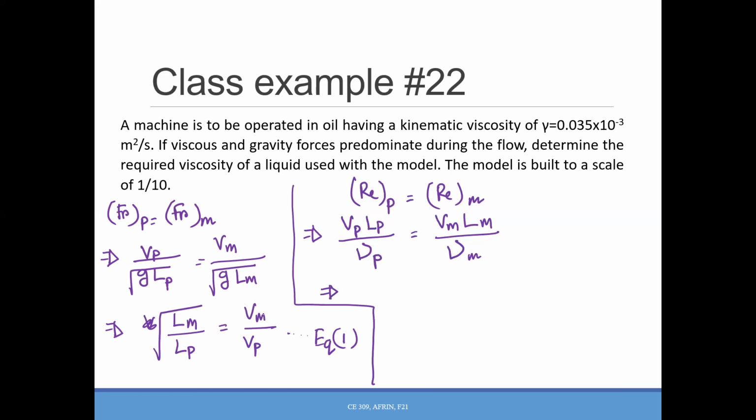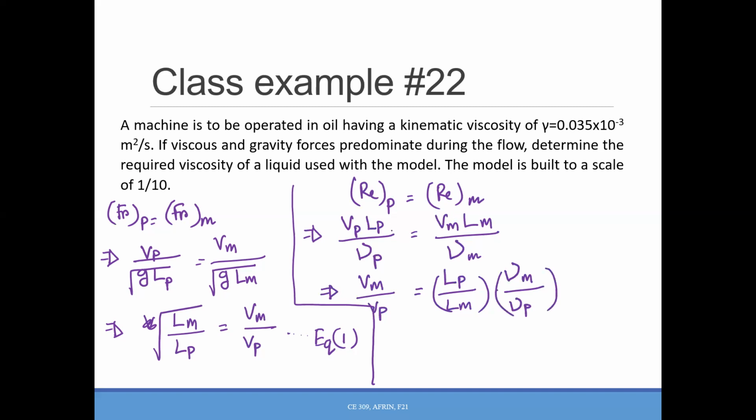Since we have VM over VP in this case, I will try to rearrange this equation: VM over VP, LP over LM, viscosity over... is that correct?